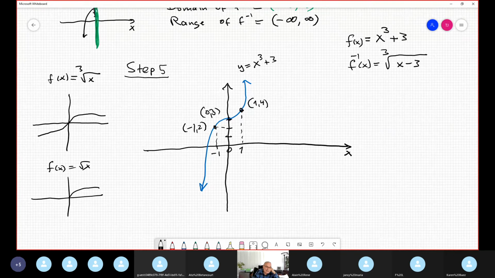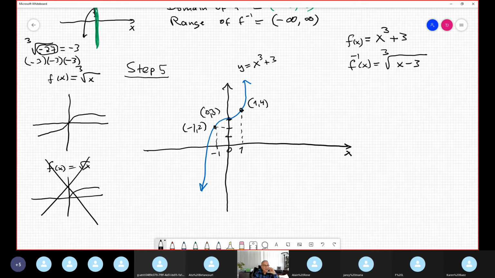The cubic root accepts negative numbers, because for example, the cubic root of -27 is -3, because -3 times -3 times -3 is -27, which is exactly the number that we have inside the radical. So the cubic root is nice. The square root is finicky. I don't like this one. However, this one I love because there is no restriction, no problem.